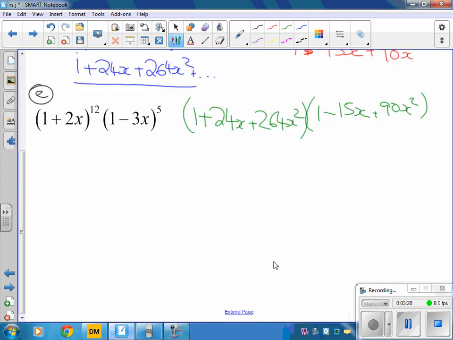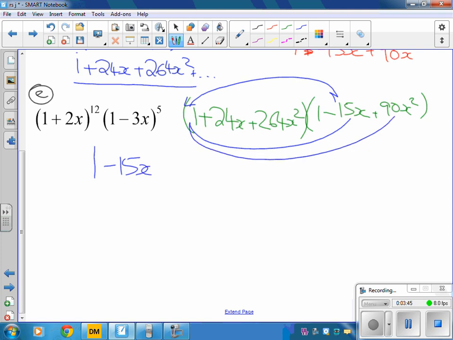So how do I get an x squared? Well, I'm going to get 1 times 1 here. 1 times 1 is 1. I'm going to get 1 times the minus 15. There's the minus 15. And I'm going to get 1 times the 90 x squareds, which is the 90 x squareds.